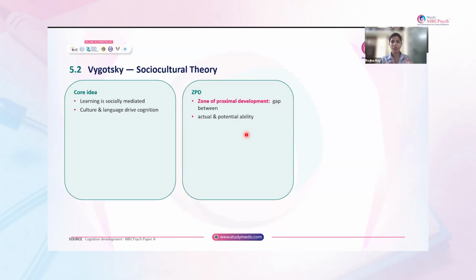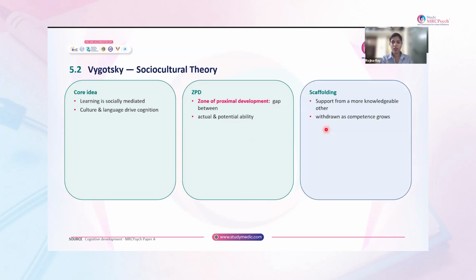The assistance provided by the teacher or parent is called scaffolding. This assistance is gradually removed as the child masters the task. This emphasizes collaborative learning, and this theory proposed by Vygotsky is highly influential in educational psychology.